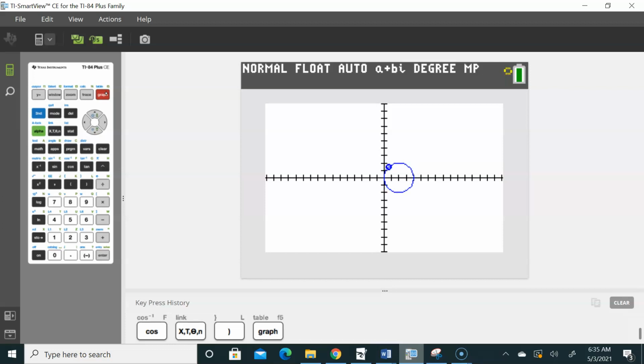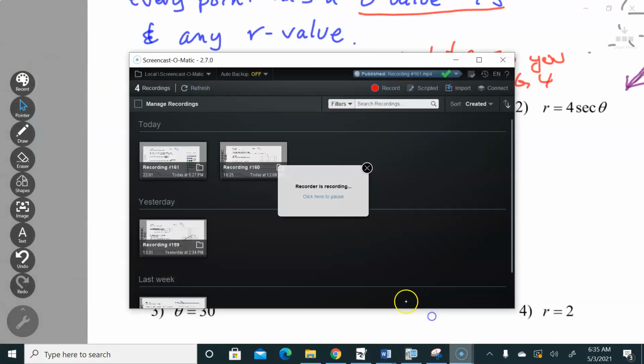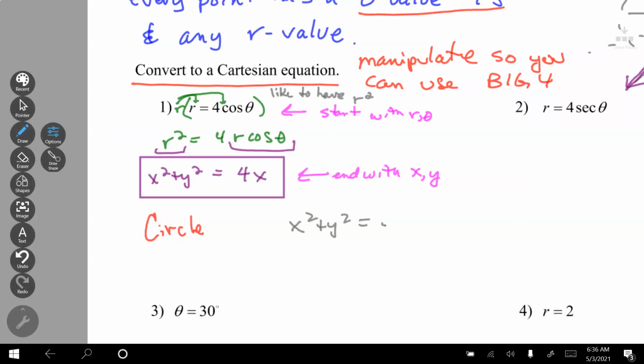It looks like we get a nice circle. So it is a circle, but anytime you have x squared plus y squared equals whatever, that is always going to be a circle. If you remember from geometry class, that is the equation of a circle.